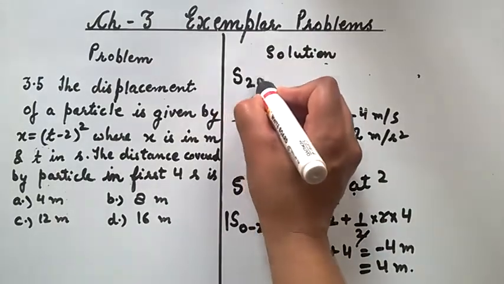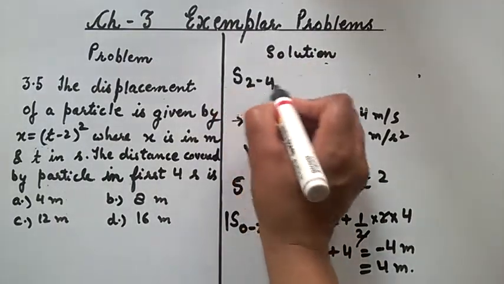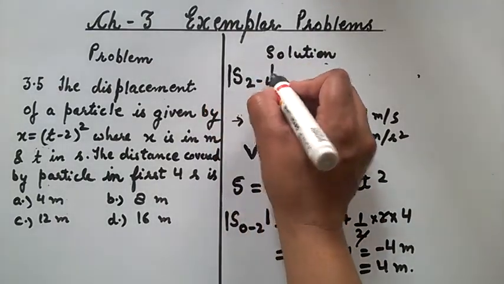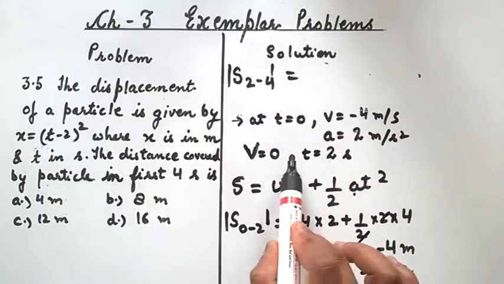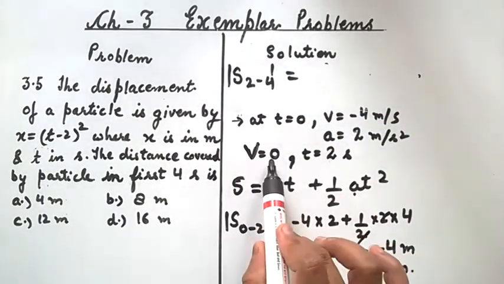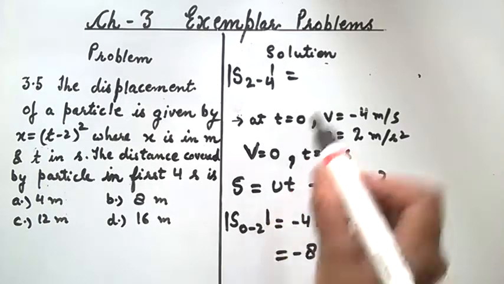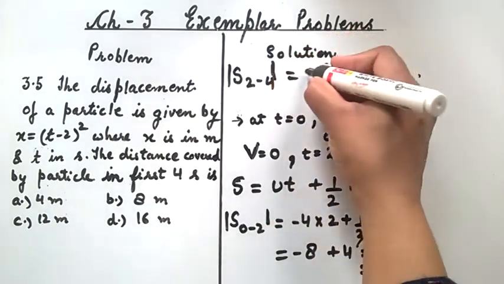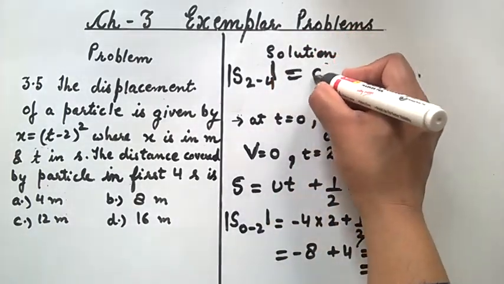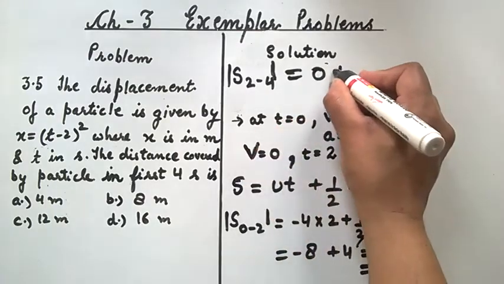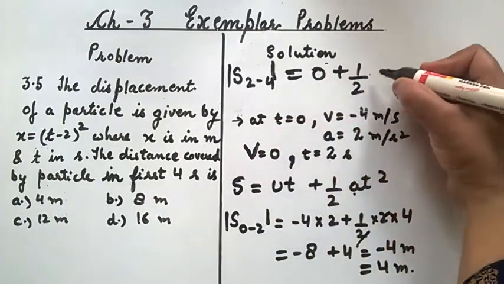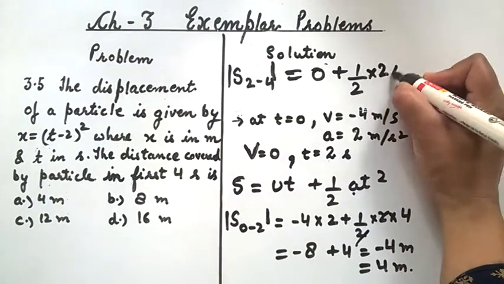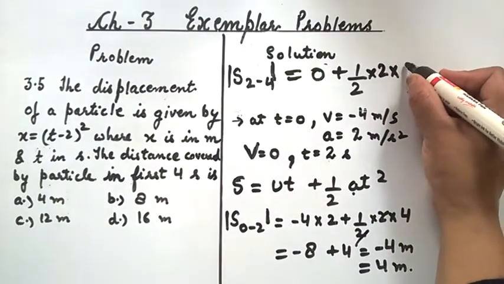The distance covered in the time interval 2 to 4 seconds: at 2 seconds its initial velocity will be 0, so velocity 0 plus half, acceleration is 2 into 2 squared, that is 4.